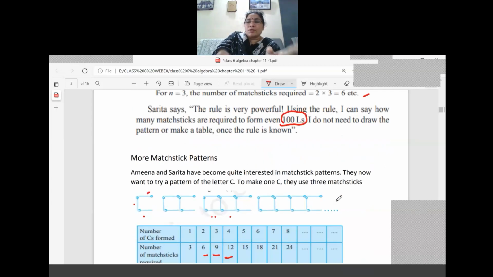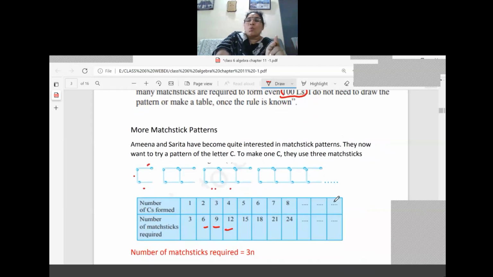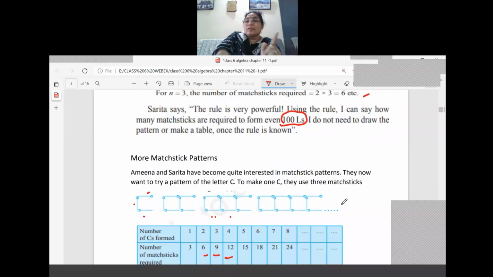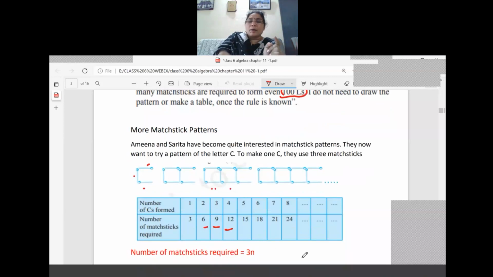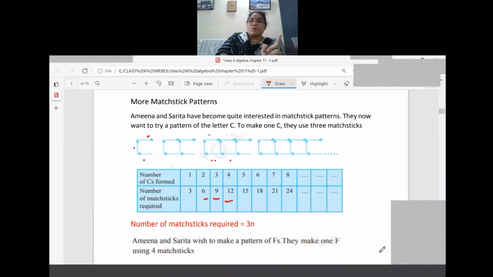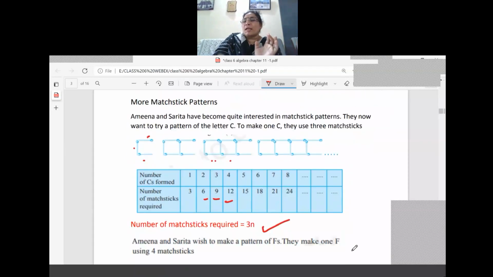L. Now the pattern I'm asking you, what is the pattern for C? 3 multiples we are getting. So the number of matchsticks required for making C is equal to 3n. Right? So this is the way we can write algebra. Just a beginning only, you feel easy now. Algebra is not a difficult topic.